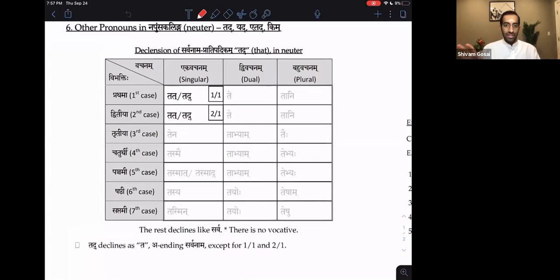These differences carry on here. When we look at tad-śabdhaḥ, tad is a pronoun for that. If I want to say that, it can be an object, a person, or a thing, and I just want to refer to all of those as that, then I use tad-śabdhaḥ. It's a pronoun. So we're going to get just like sarvam, sarve, sarvani, except 1-1 and 2-1 are slightly different: tad. Now for the rest, we have to imagine that instead of tat, it's just ta.